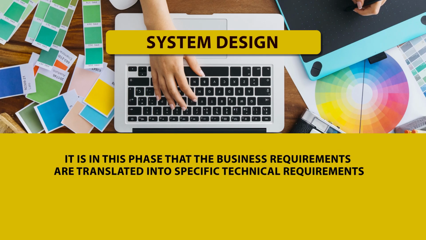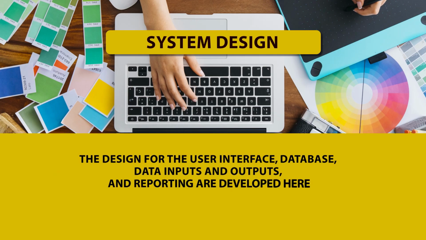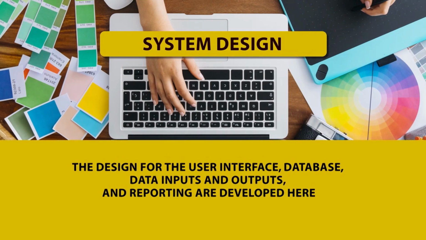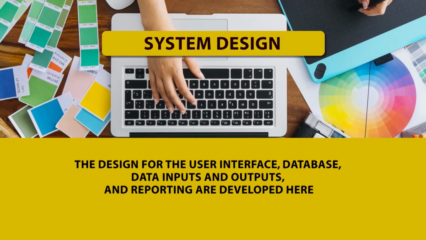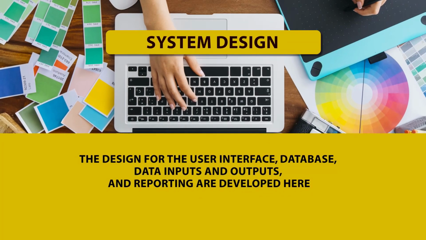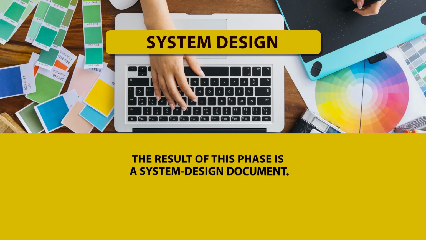It is in this phase that the business requirements are translated into specific technical requirements. The design for the user interface, database design, data inputs, outputs, and reports are screened and developed here. The result of this phase is a system design document.